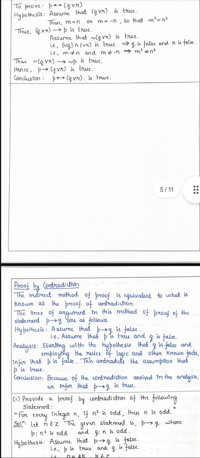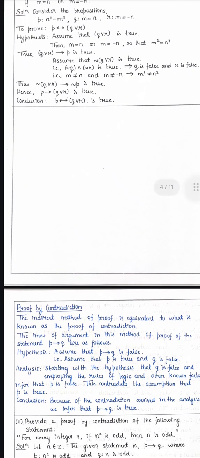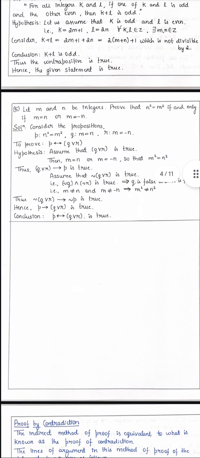Thus, not (Q or R) implies not P is true. Hence, we conclude that if P then Q or R is true. Then the conclusion is P is equivalent to this: if and only if Q or R is true.